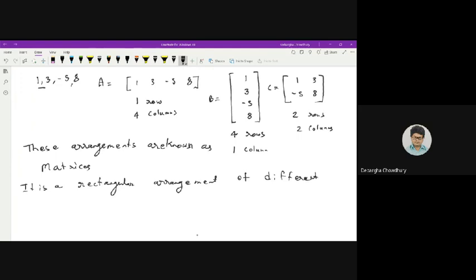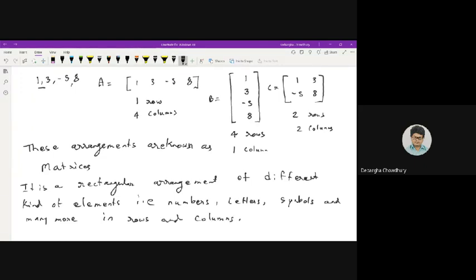So the proper definition is: a rectangular arrangement of different kinds of elements, that is numbers, letters, symbols, and many more, in rows and columns.